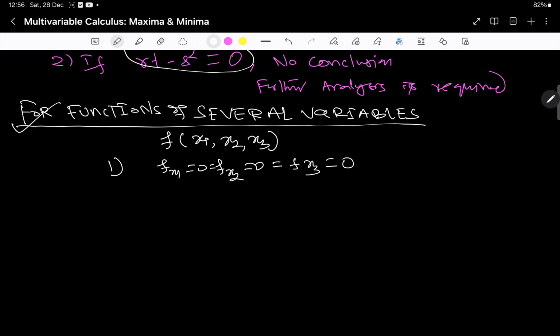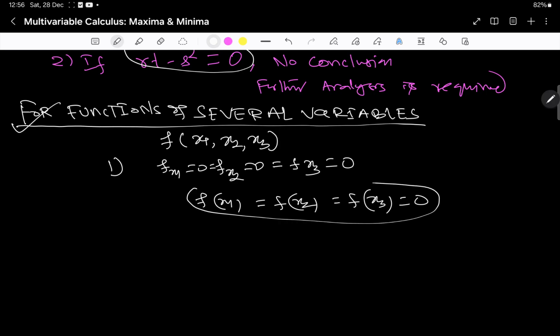We solve them simultaneously to get the stationary point, say x0, y0, z0. This is a stationary point.